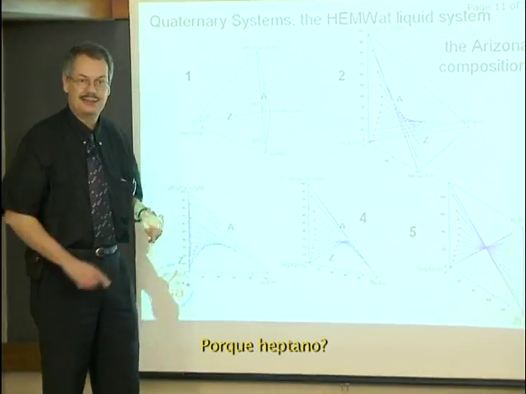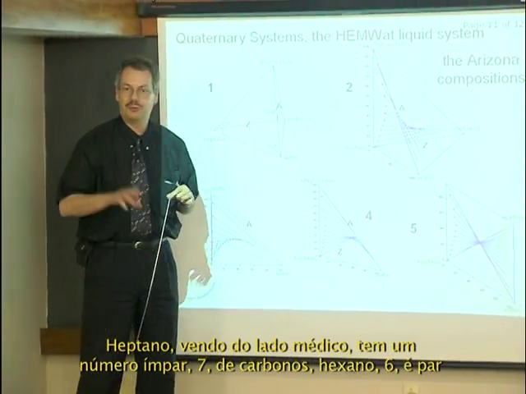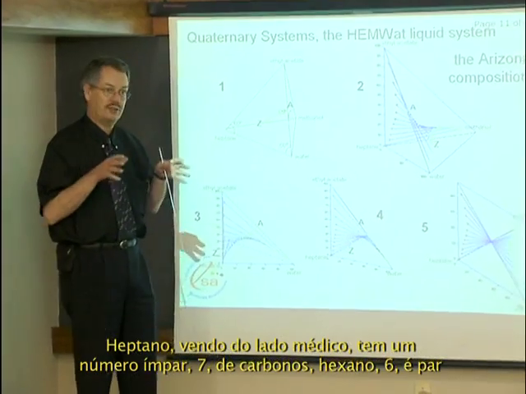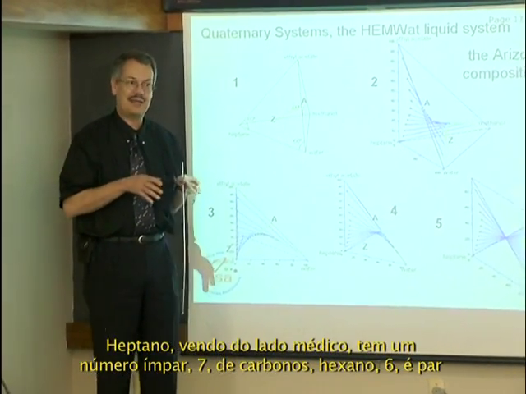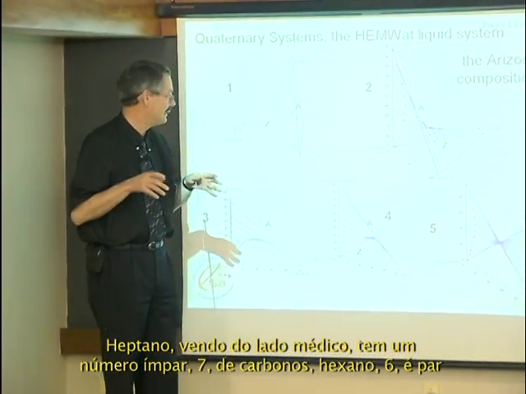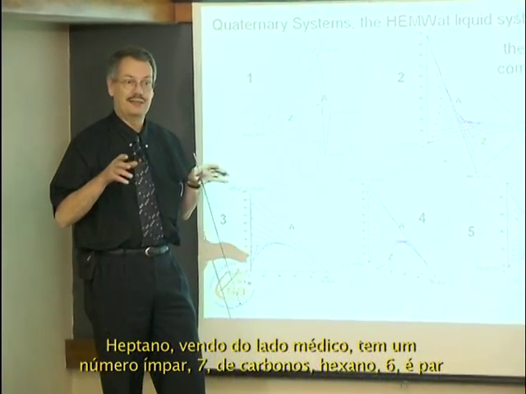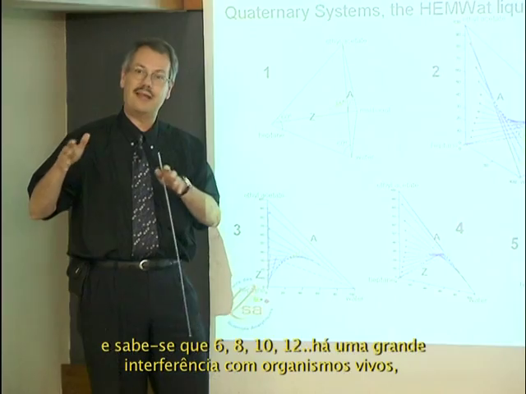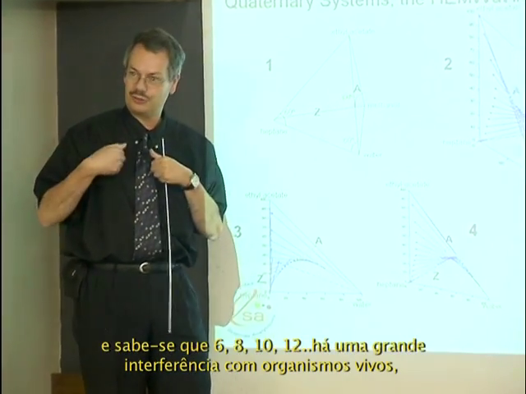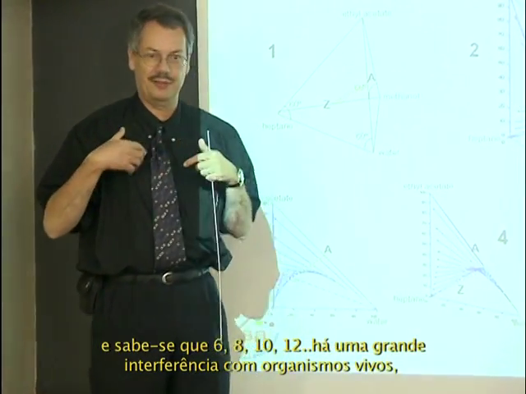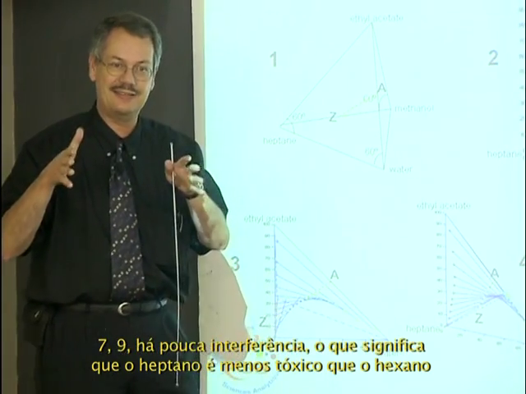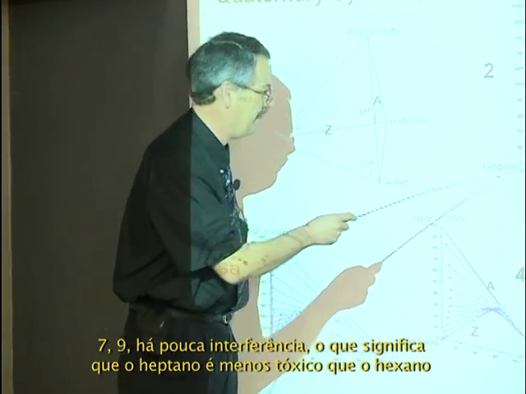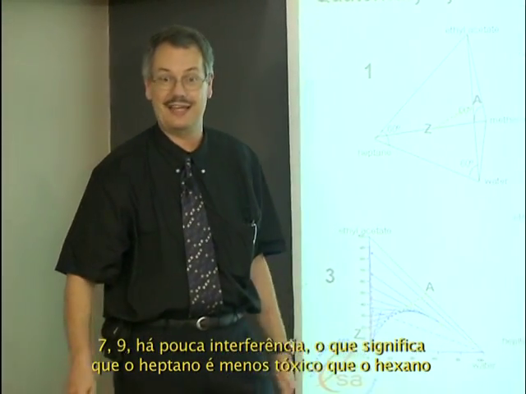Why heptane? Because for those that are in the medical side, heptane is odd number 7. Hexane is 6, even. And it's known that 6, 8, 10, 12, you have strong interference with the living organism. 7, 9, little interference, which means heptane is much less toxic than hexane.